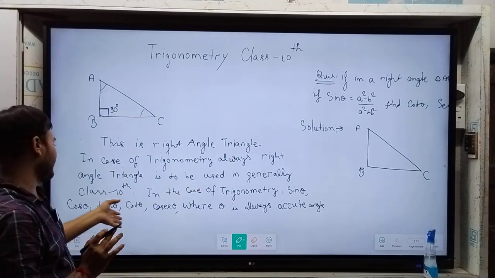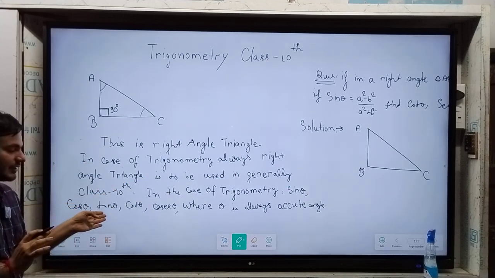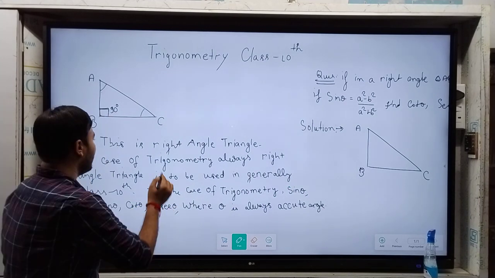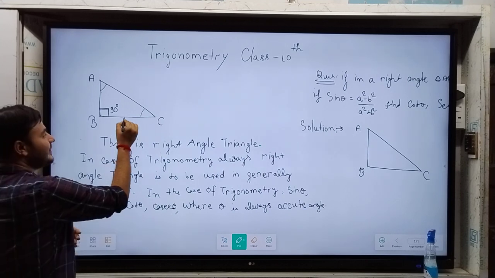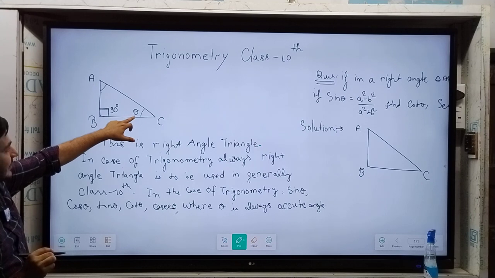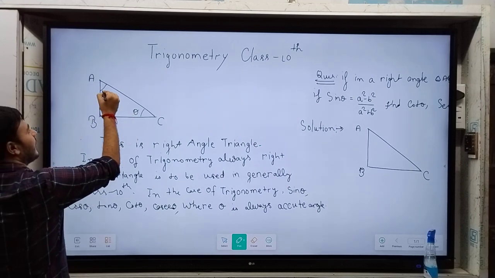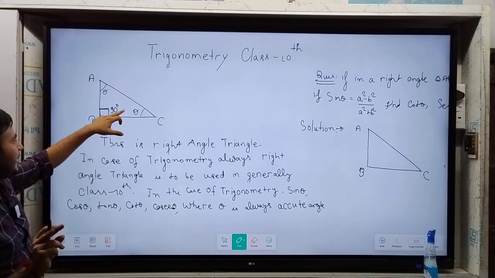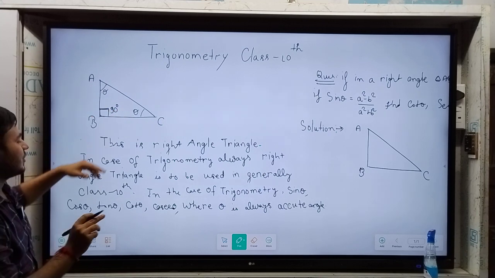In trigonometry we have sin theta, cos theta, tan theta, cot theta, cosec theta. What is theta? Theta is an acute angle. You can write it at this place, or maybe at the other place, but theta will not be present at both places at the same time.